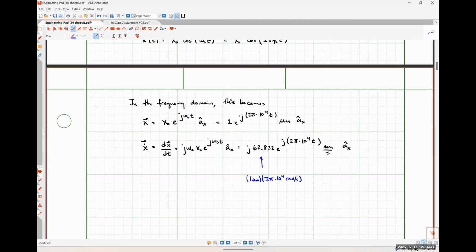So what does this j in front of our velocity represent? In electrical engineering, we use j all the time, particularly when we're talking about sinusoidally excited systems. That j usually represents a 90-degree phase shift between two signals.